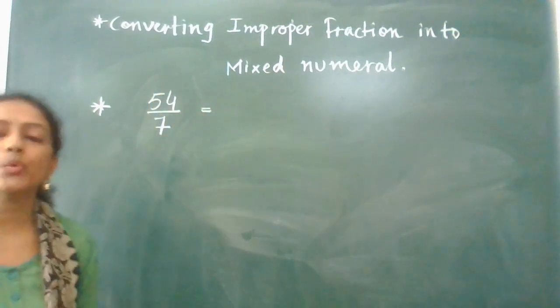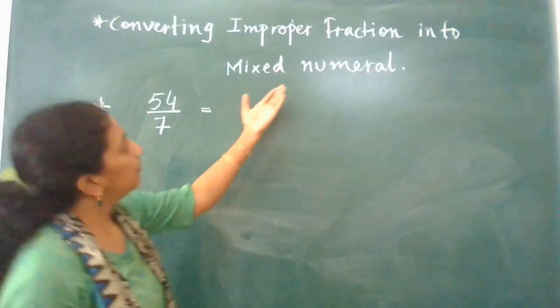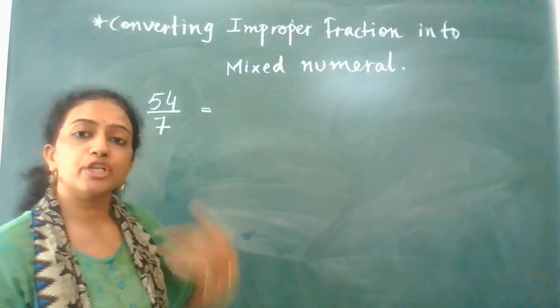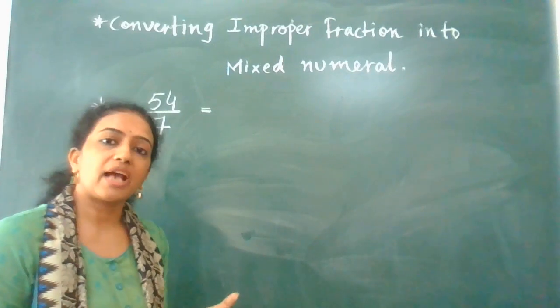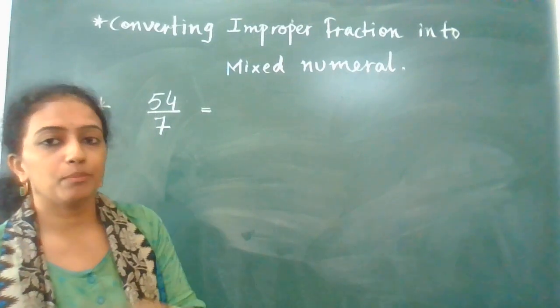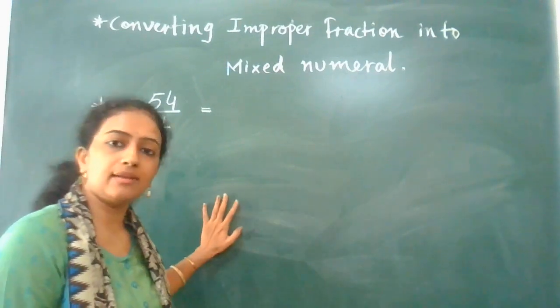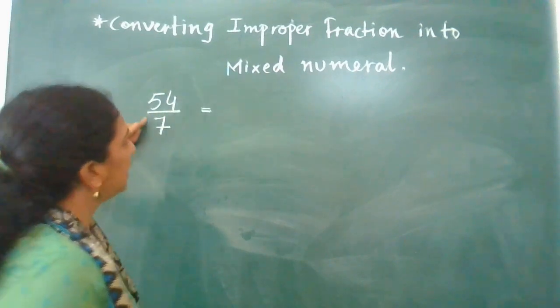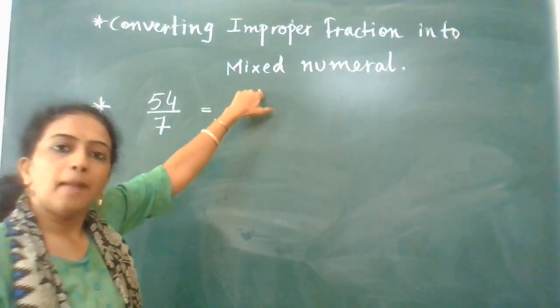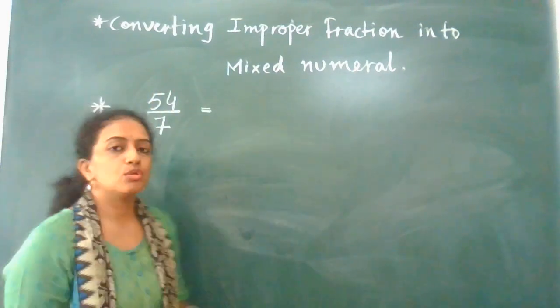Now this you have to convert into a mixed numeral. In the first example we saw how to convert a mixed numeral to an improper fraction. Now this is the second type of conversion, where we are learning how to convert an improper fraction into a mixed numeral.